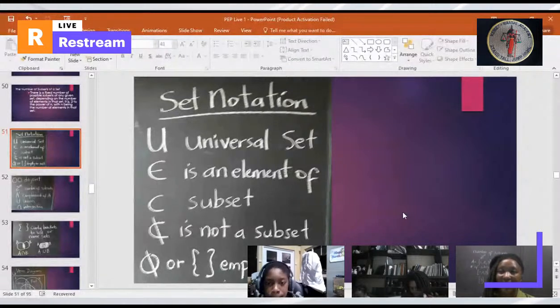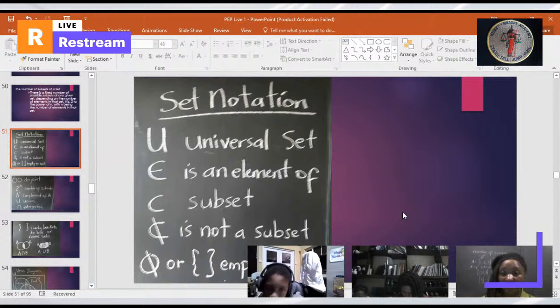So mathematics has a language of its own. Just like all subjects, they have their terminologies, they have their own language. So in mathematics, we use certain symbols and they create mathematical sentences.